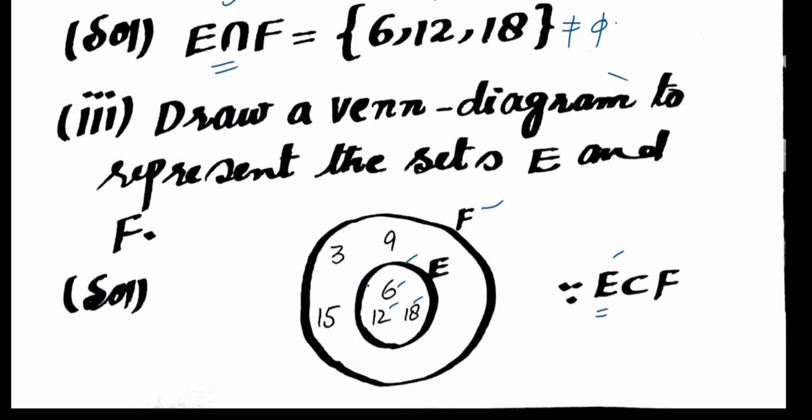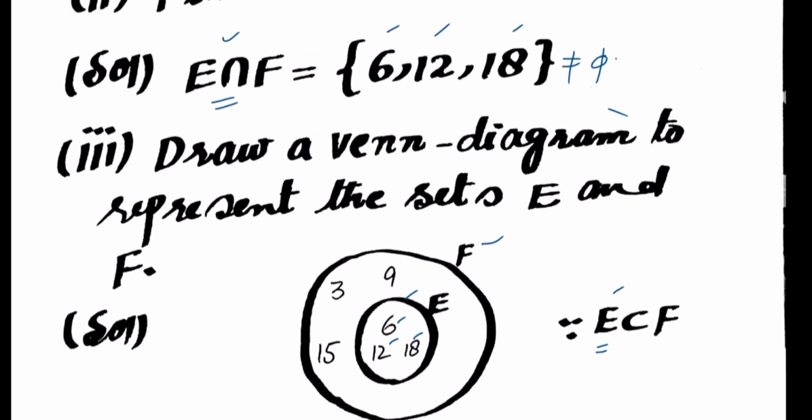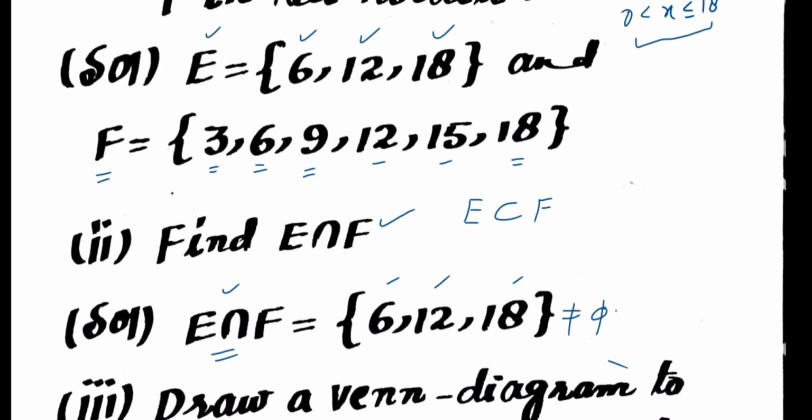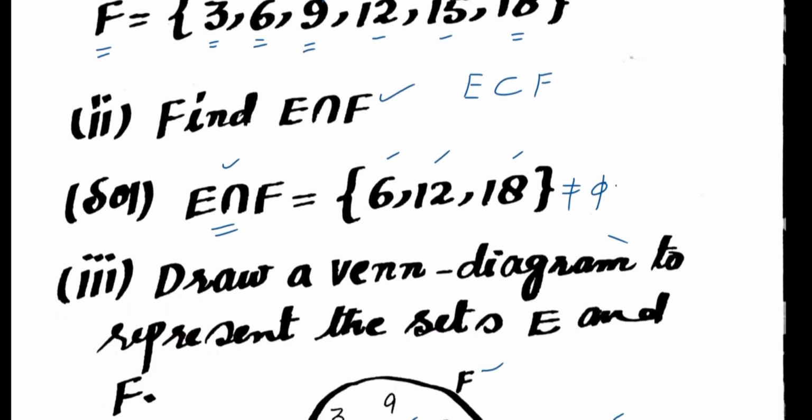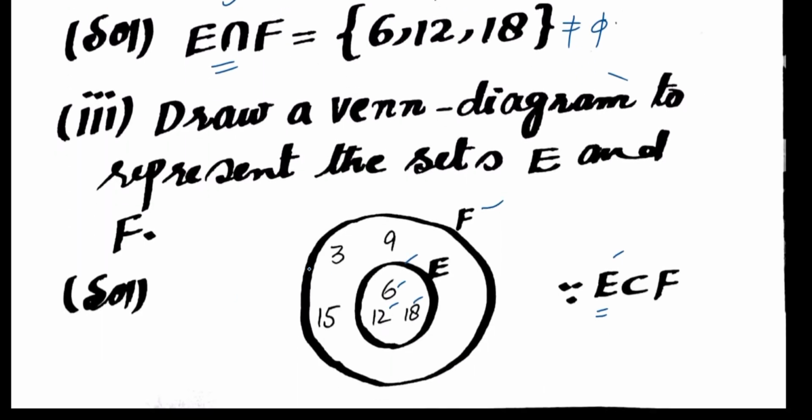The remaining elements that belong to set F are 3, 9 and 15. These elements we write here outside the circle E.